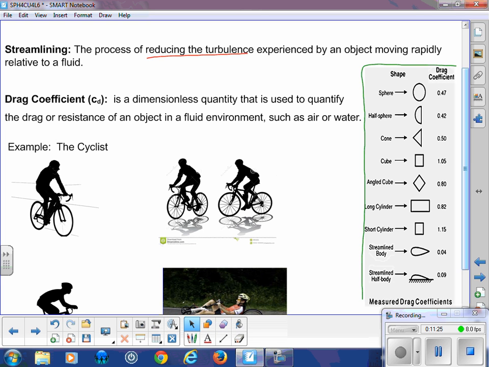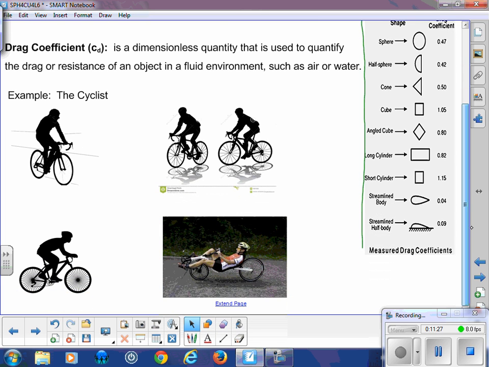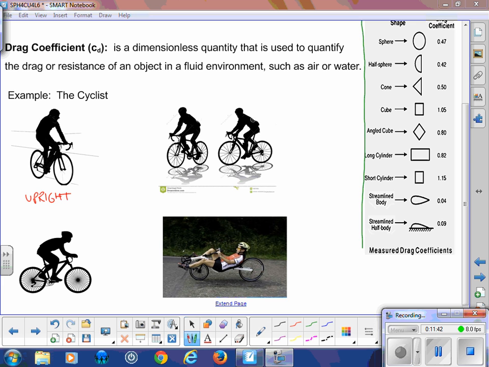So the example I have here is the cyclist. So if we look at our cyclists, the different forms, so we have upright, we have drafting, that's following behind. So if you get behind a large transport truck or a larger vehicle, you're drafting.